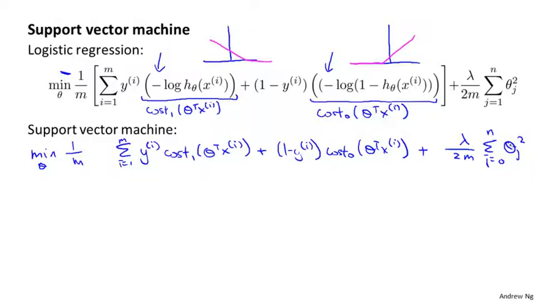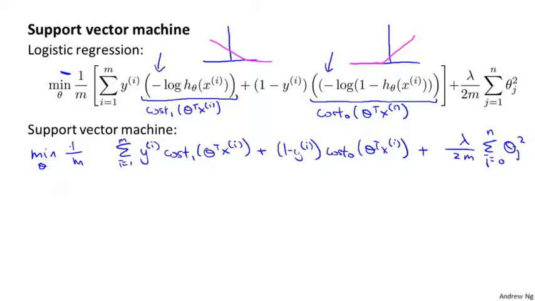Now, by convention, for the support vector machine, we actually write things slightly differently, or we reparameterize this very slightly. First, we're going to get rid of the 1 over m terms, and this just happens to be a slightly different convention that people use for support vector machines compared to logistic regression. But here's what I mean.